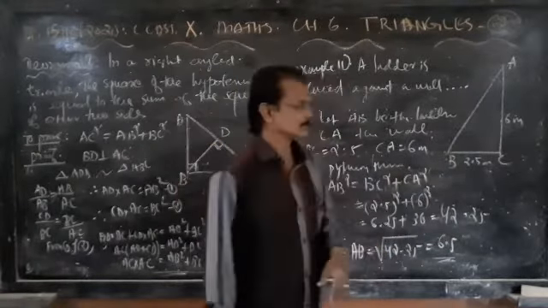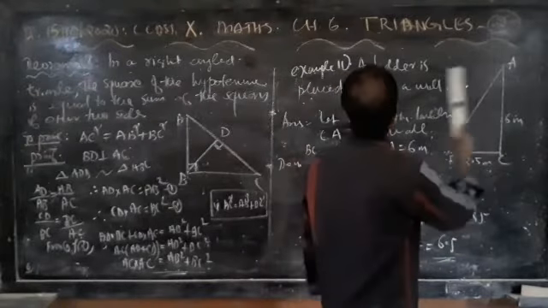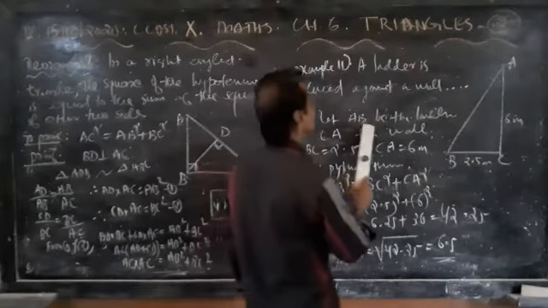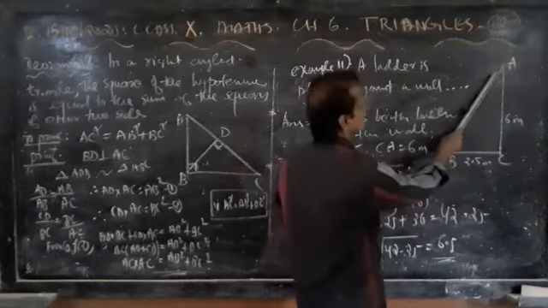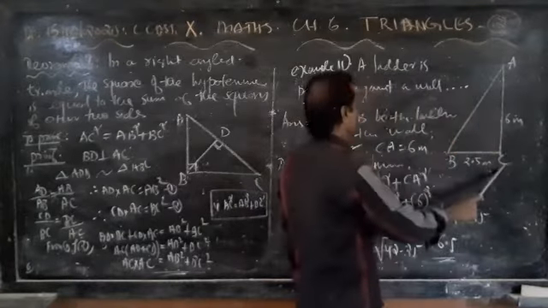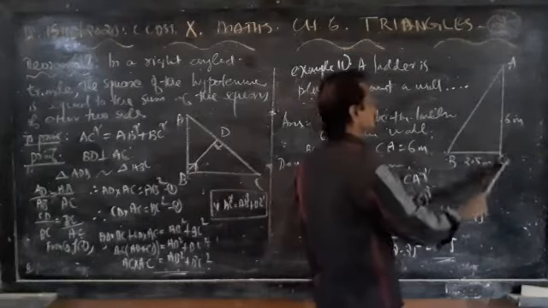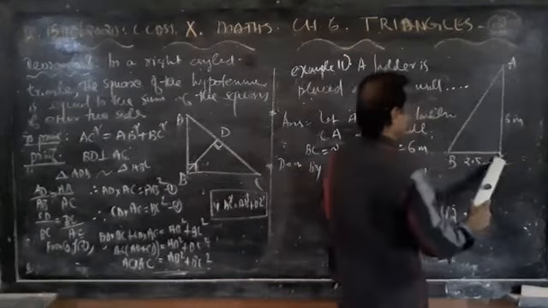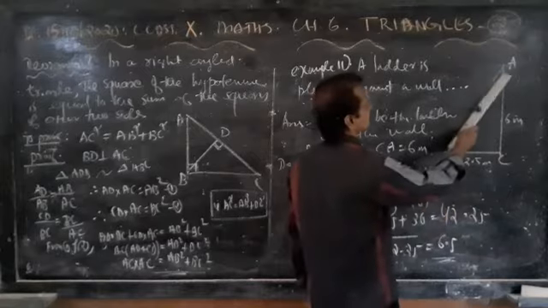This is the wall AC, and it is given that AB is the ladder. AC is the perpendicular wall, and this is the distance from the wall to the foot of the ladder.